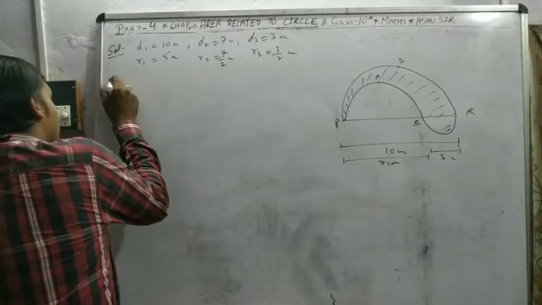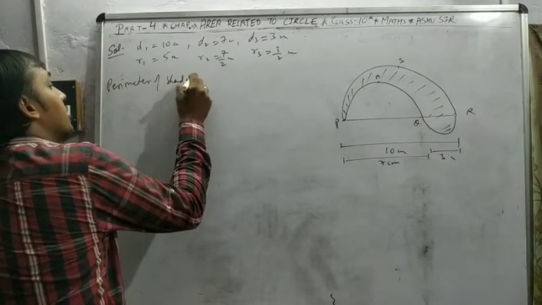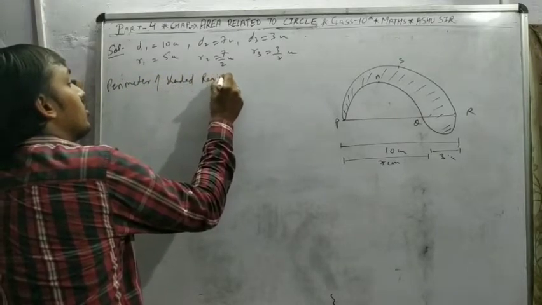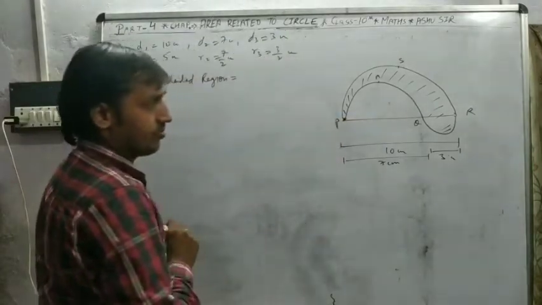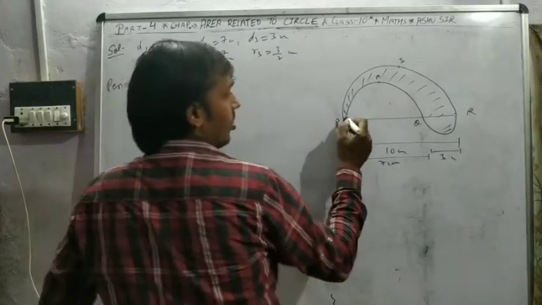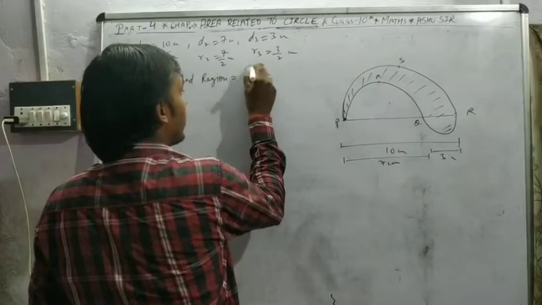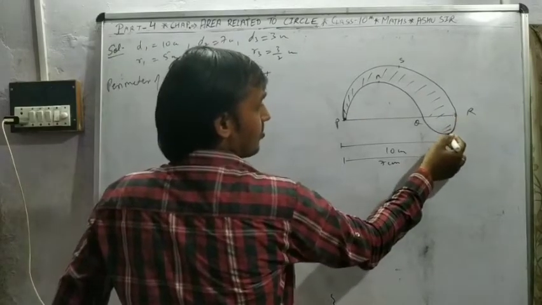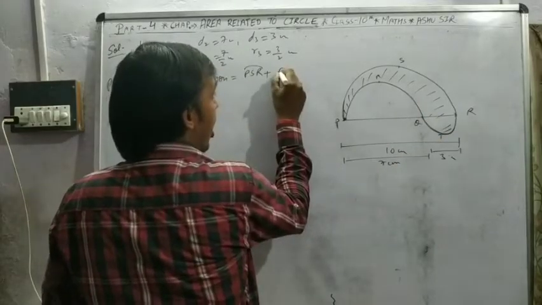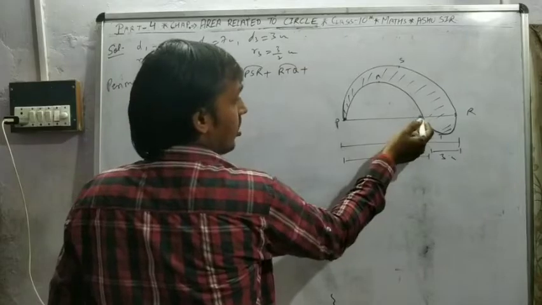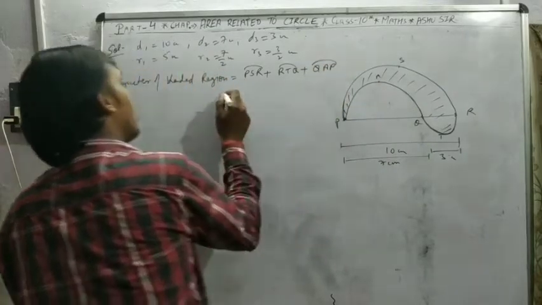First we want the perimeter of the shaded region. If we start from this point, this is the PSR arc, suppose this point is named T, then the RTQ arc, and this QAP arc.